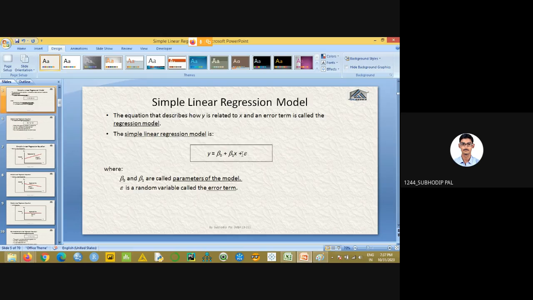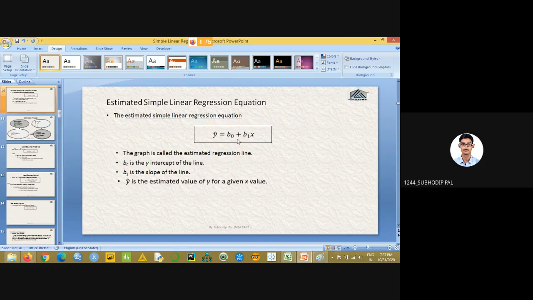Don't get confused. This is the simple linear regression equation, and that was the model. Whenever I use beta instead of b, that will be the model, and if we use small b, that is the regression equation.